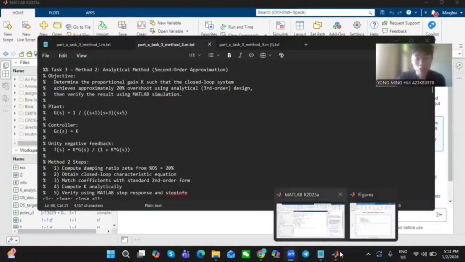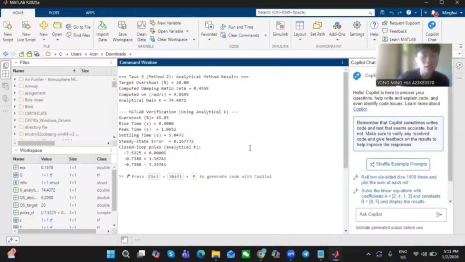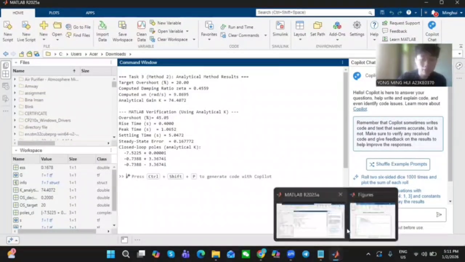As shown inside this MATLAB, as usual, I run the code first. Then this is the result coming out. It shows the overshoot is 45.05%, and here is the cursor. Then let's look at the graph.